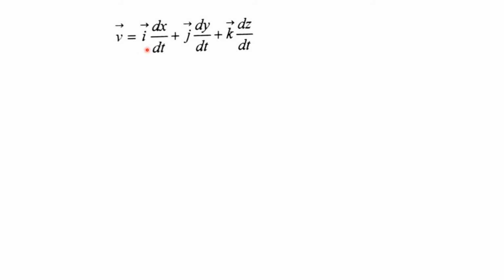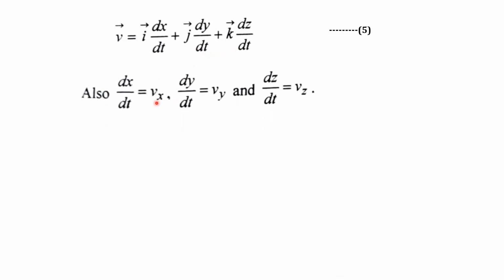Hence, in terms of the velocity components, we get the equation vector v equal to i vx plus j vy plus k vz.